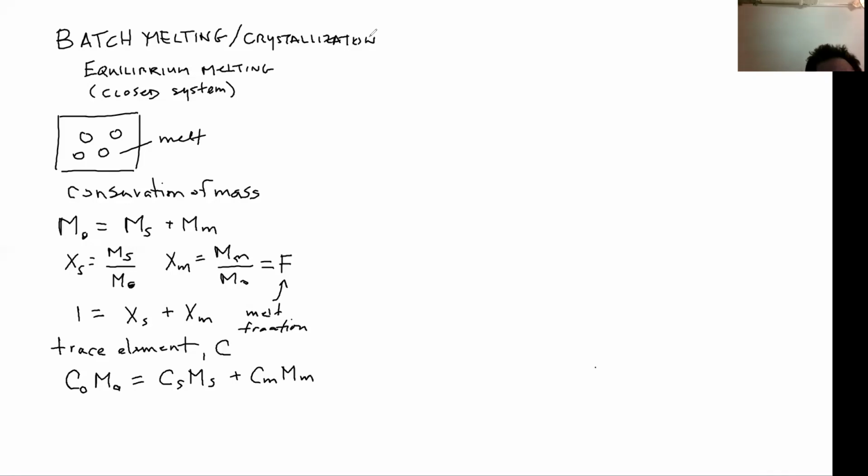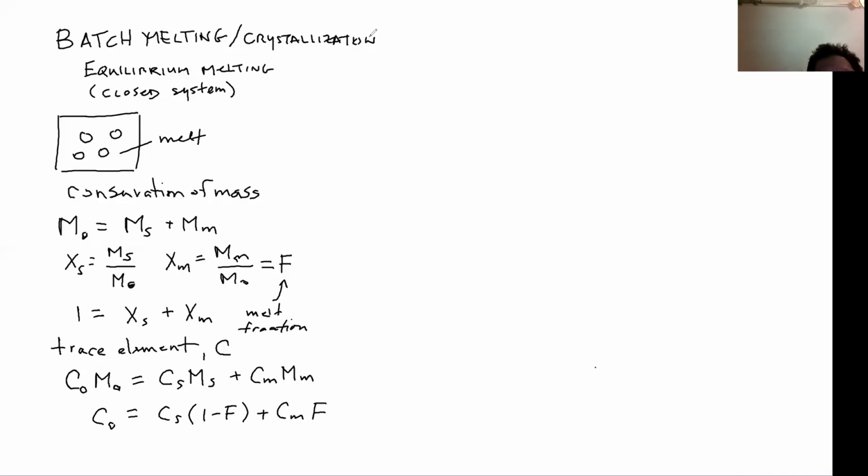Now, if I divide this entire equation by m0, then I will get C0 equals Cs (1 minus F) plus Cm F. And note here that I've used F in the place of xm. So 1 minus F is xs right here. So this is just the same as the top equation over there.